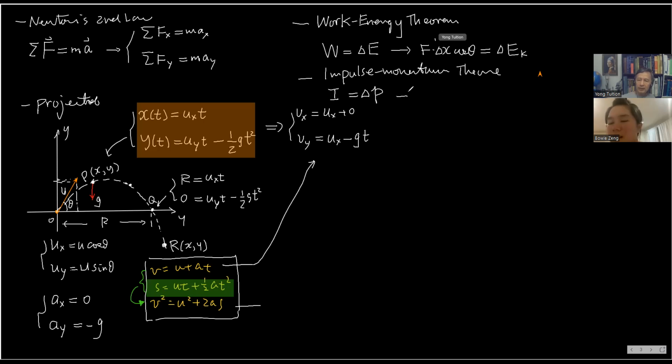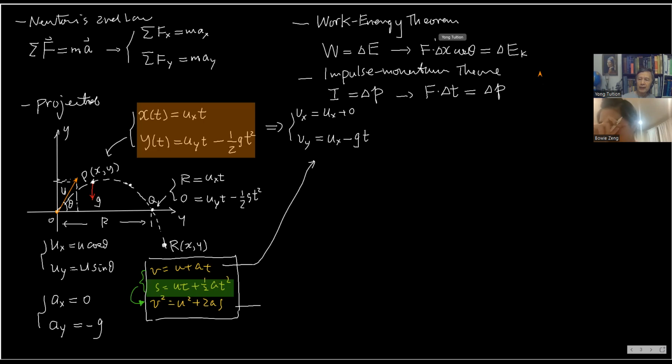Impulse is similar to the work. It is a product of the force and something, but this time it is delta t. It equals the change in mv, so it's the change in P.